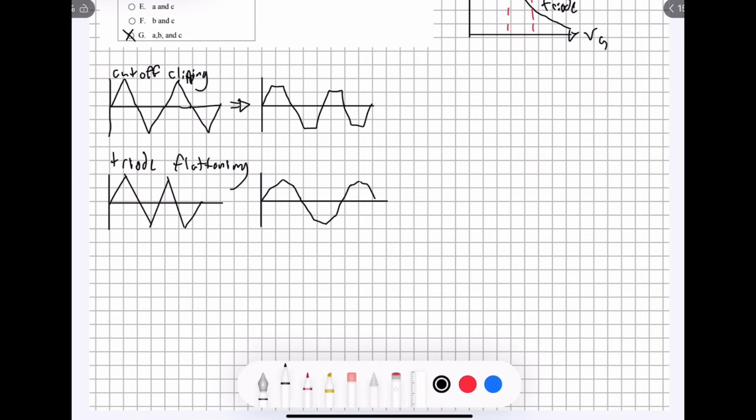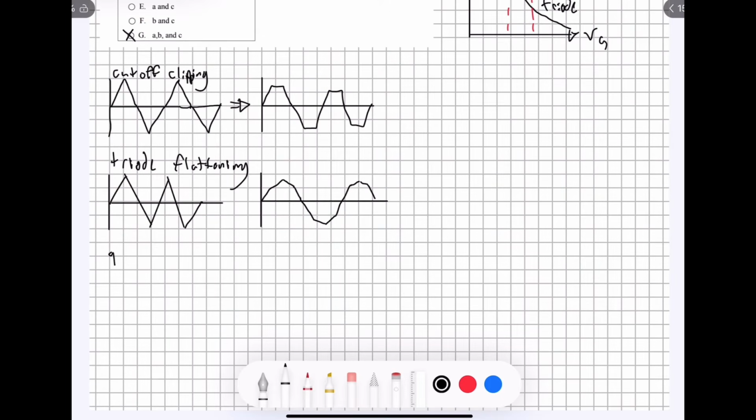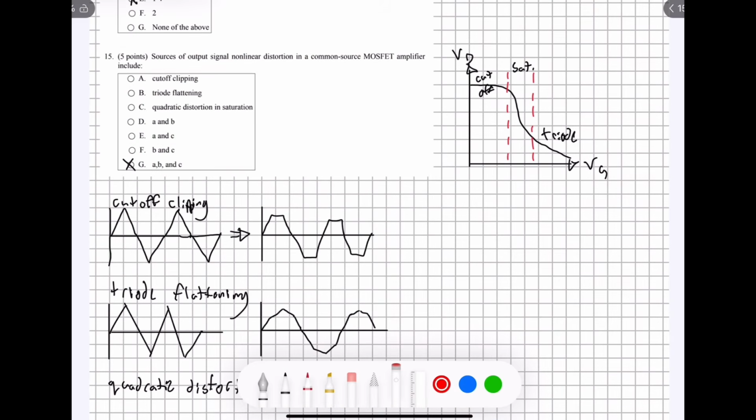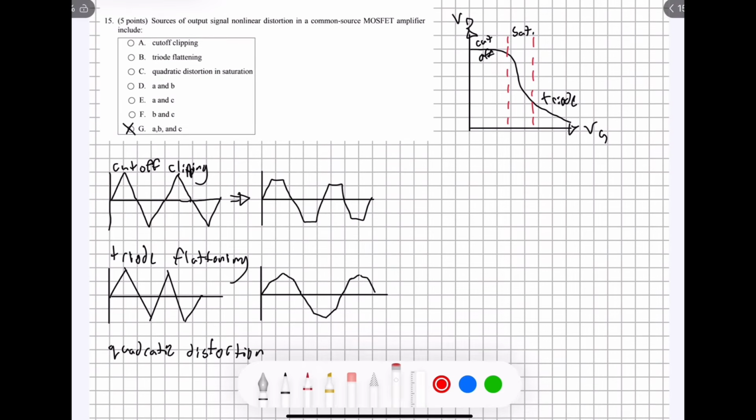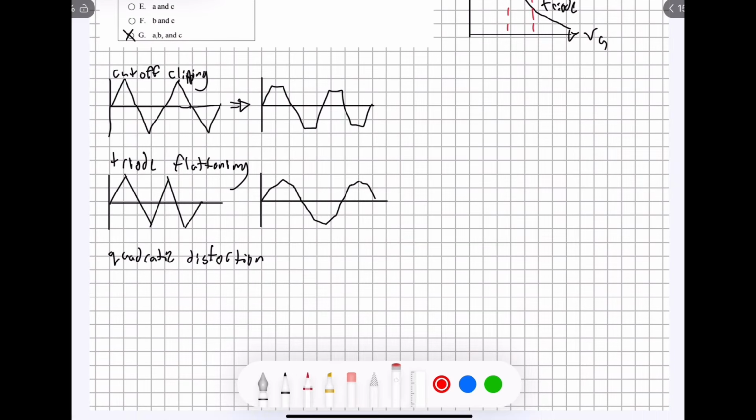And the very last one we're going to talk about is the quadratic distortion. And this one is basically because of that linear relationship I was talking about earlier. The linear relationship being an approximation, not an exact thing, because obviously the saturation curve isn't exactly linear in the way that we approximate it to be.